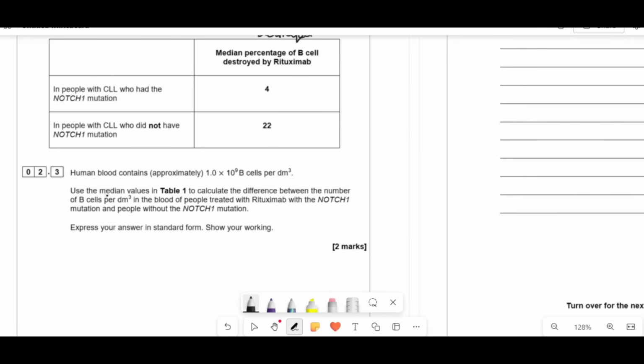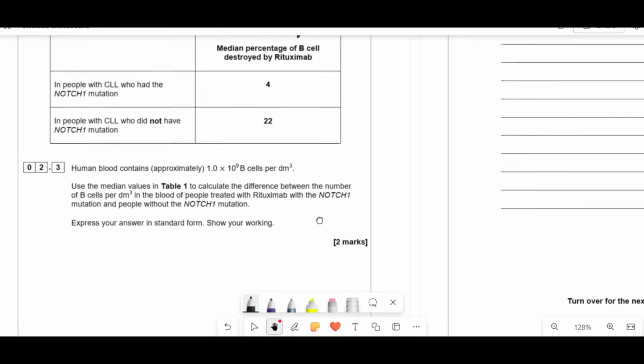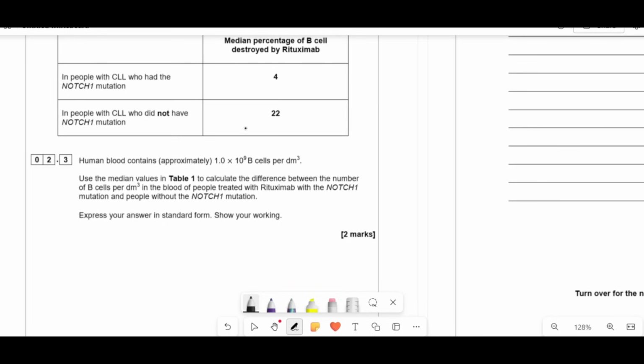Now, it says here, human blood contains approximately this many B cells per decimeter cubed. Use the median values to calculate the difference between the number of B cells per decimeter cubed treated with rituximab with this Notch1 mutation and those without. So this is the median that were destroyed, right? The question's asking how many were destroyed when treated with rituximab with and without the mutation.